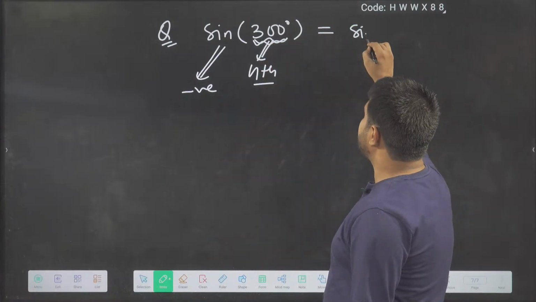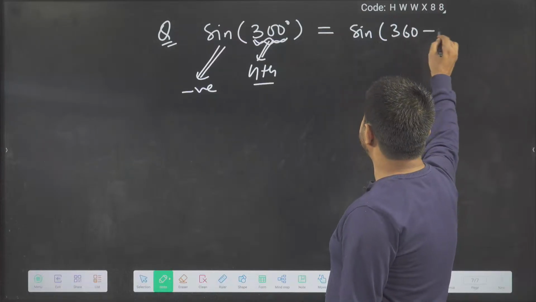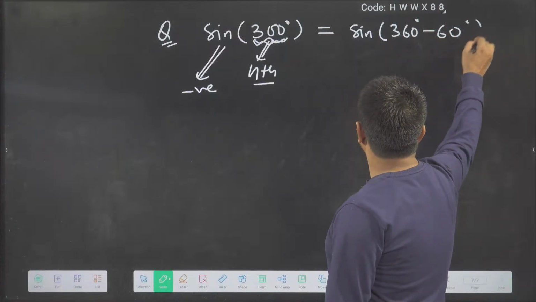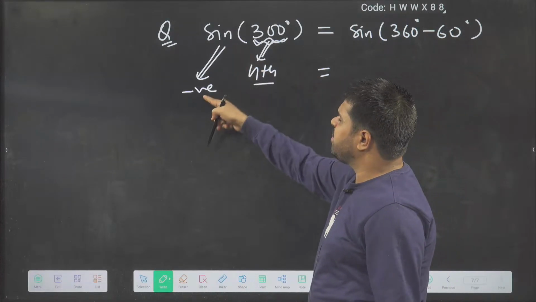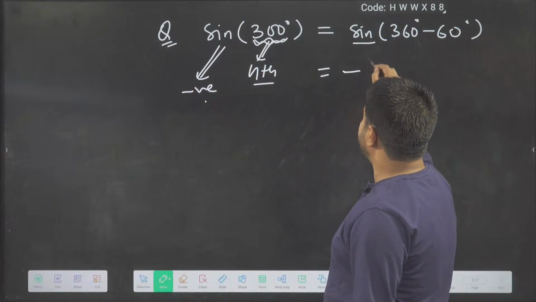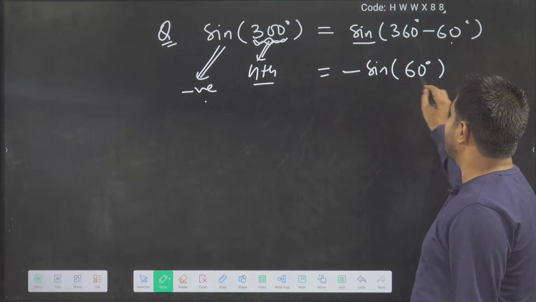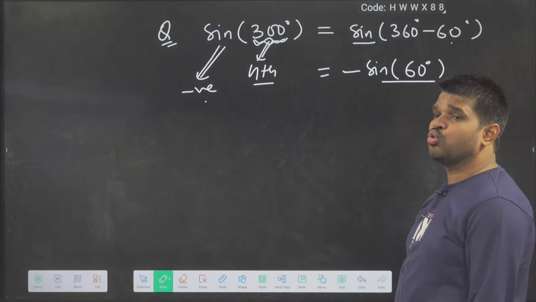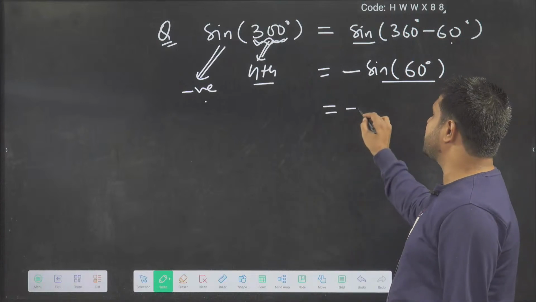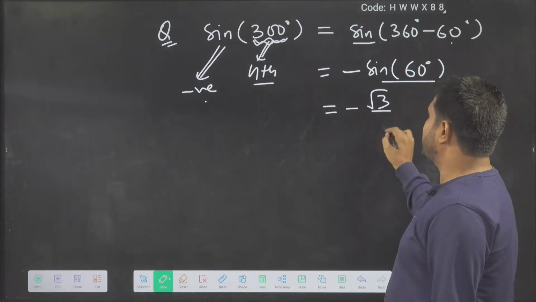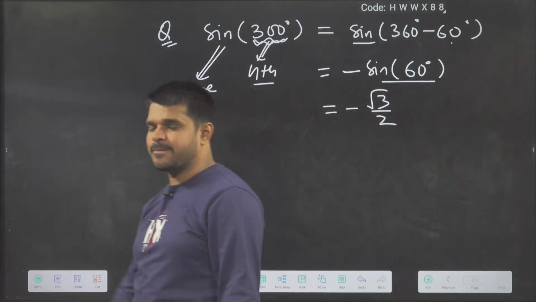So sine of 360 minus 60. The answer will be negative, I know. The ratio will be the same. Paste the angle. What is sine 60? Root 3 by 2. So what is the answer? Minus root 3 by 2. Okay. Got it?